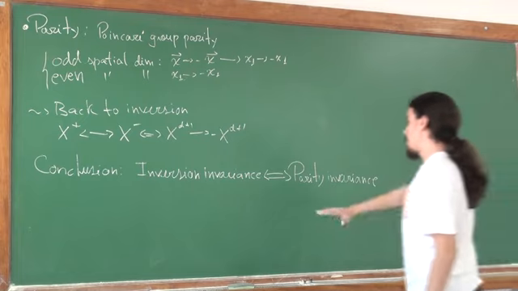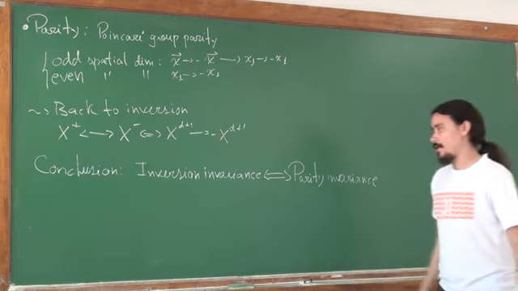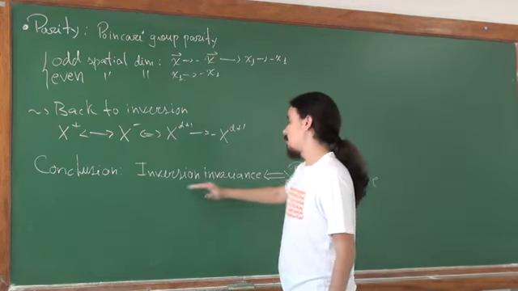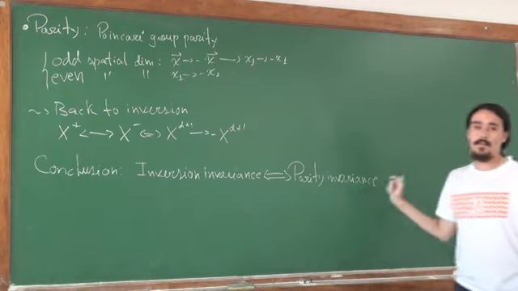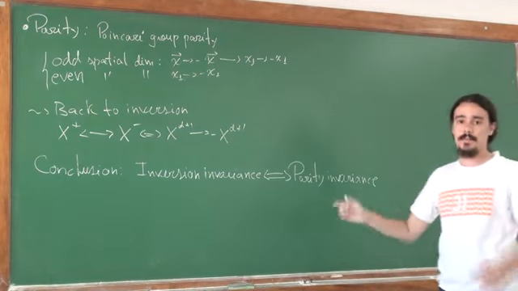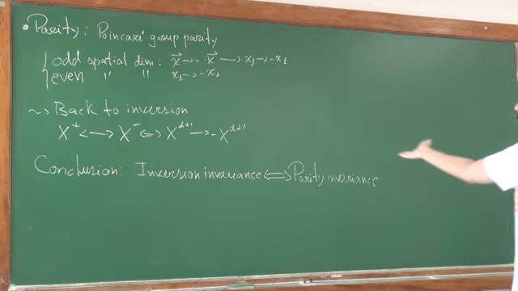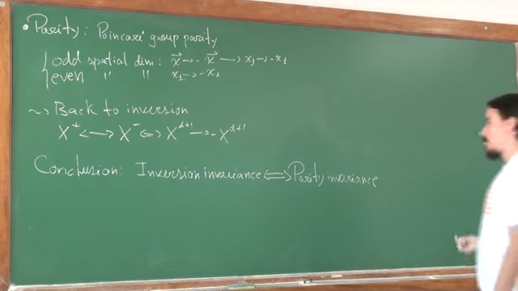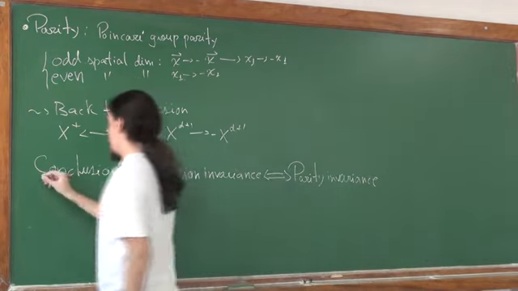This is a claim that I made in the first or second lecture, that if you have a CFT that has inversion invariance, then it also has parity invariance and vice versa. It is just a 5-minute proof in the light-cone formalism. So that's what I wanted to show you.